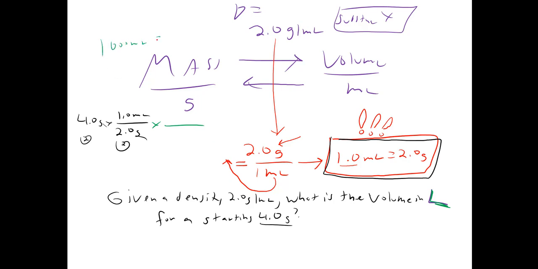So 1,000 mils equals 1 liter. So mils would have to go on bottom because mils has to cross cancel. Liters would go on top.